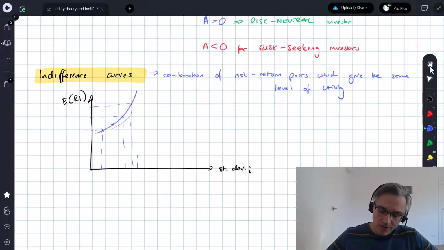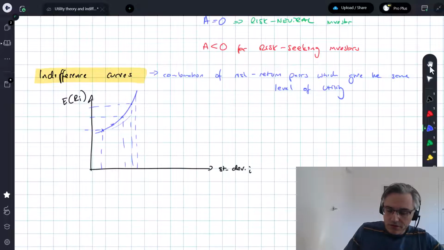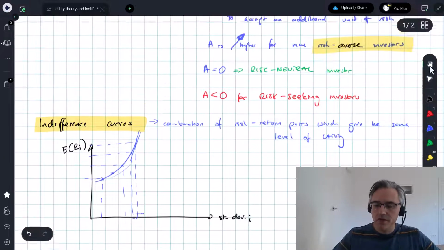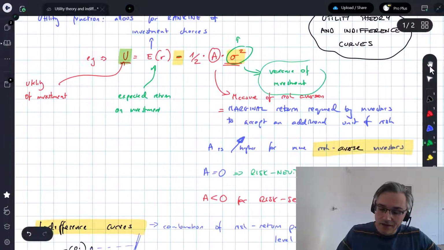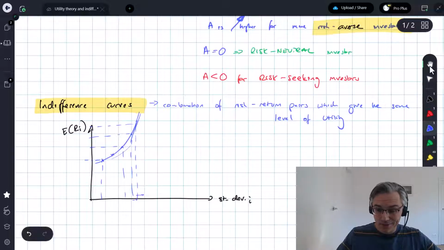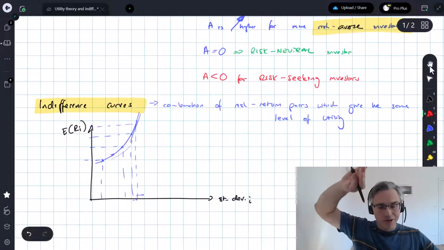And as you can see, the slope of the function becomes increasingly steep here, because in order to convince the investor to take on an additional unit of risk, the additional compensation in the form of return has to be accordingly higher. And that comes from the fact that we've got a square over there to cause that steepness to go up.